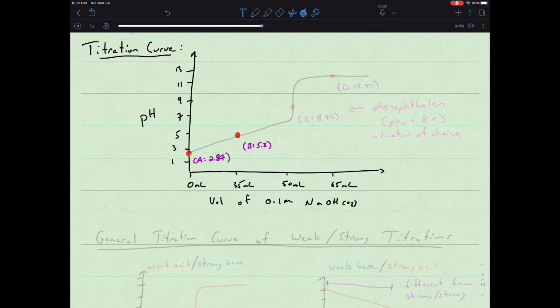And then at 50 milliliters, we were at a pH of 8.72, maybe right around there. And then once we were past that equivalence point, at 65 milliliters, we were at a pH of 12.41, maybe somewhere up there.